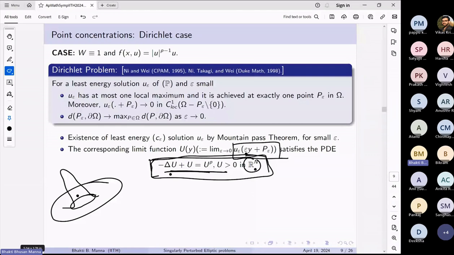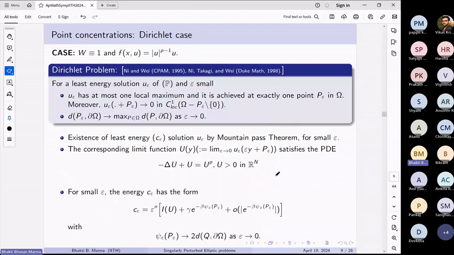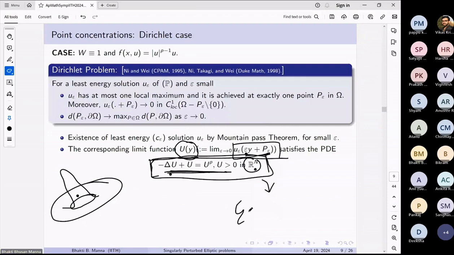Of course, we have to use some cutoff function, but that will not make much difference because of the exponential decay. So if we do the scaling like this, u epsilon of (epsilon y plus P epsilon), where P epsilon is the point of concentration, then this scaled function will converge to this u(y), and u will satisfy this equation in R^n. This is known in the literature as the corresponding entire problem.